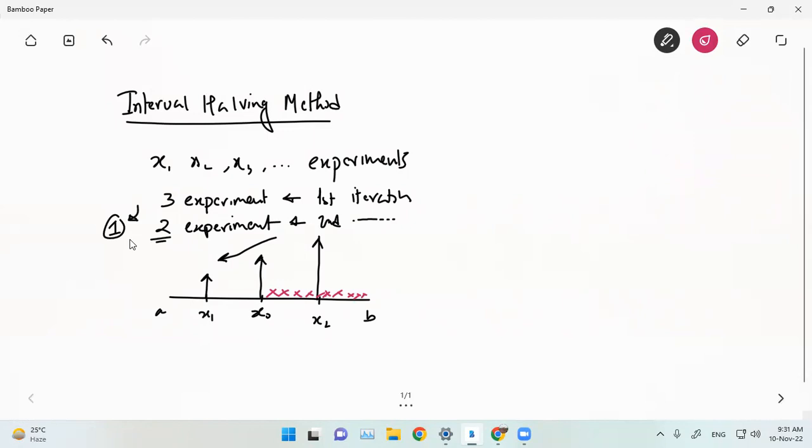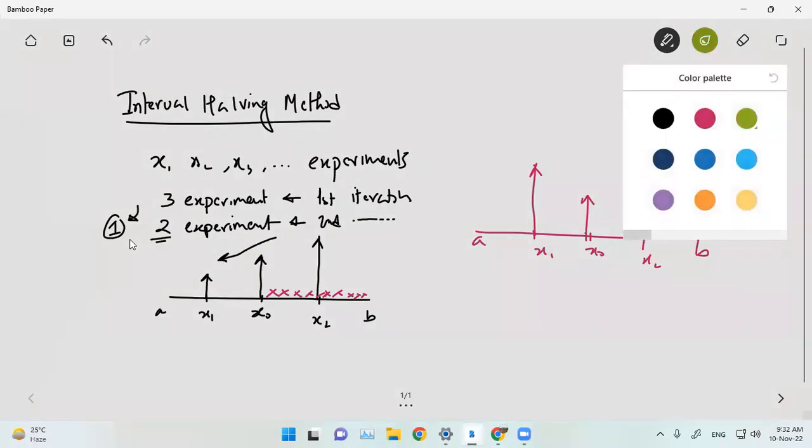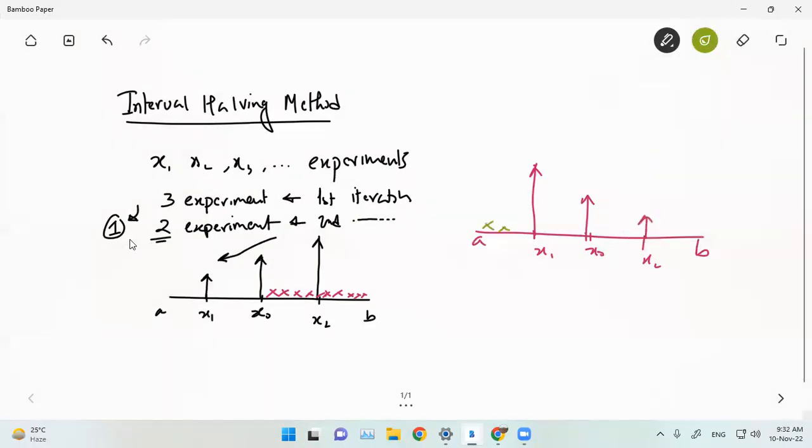The next possibility is this. Now we're talking about the decisions. How are we going to take the decisions? Again x0, x1 and x2, and if this is the scenario, the maximum value is here, then smaller. Since it's a minimization problem, we eliminate this half.